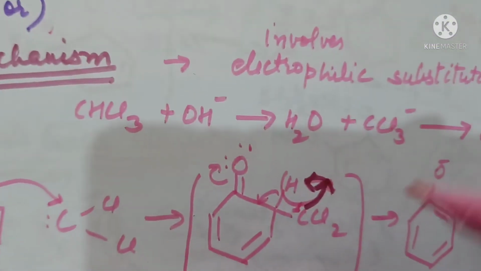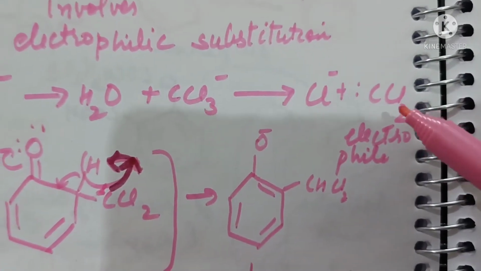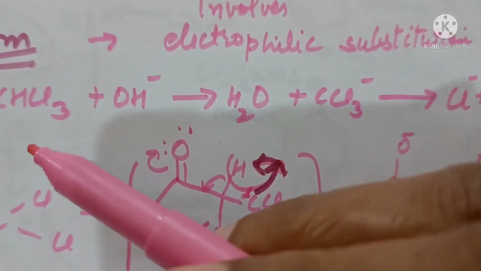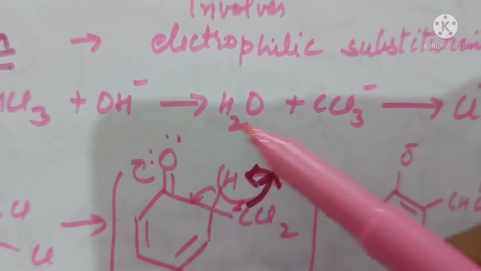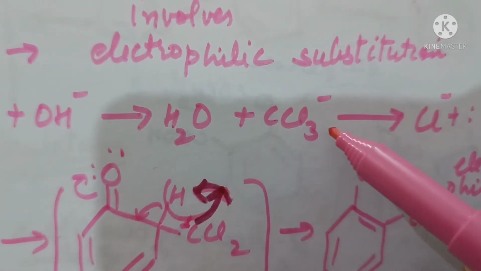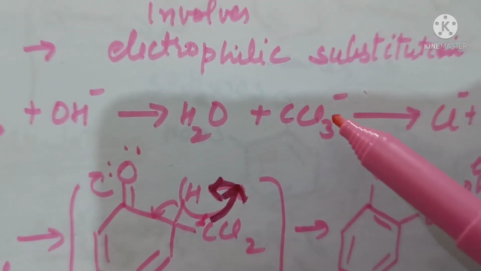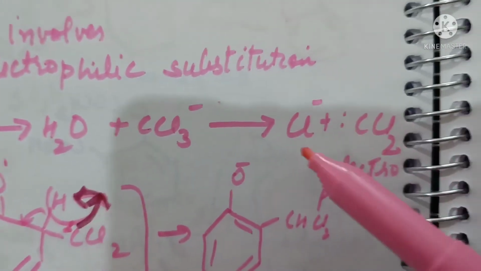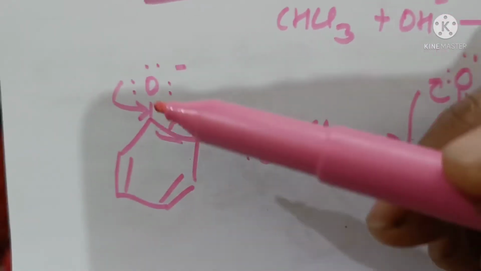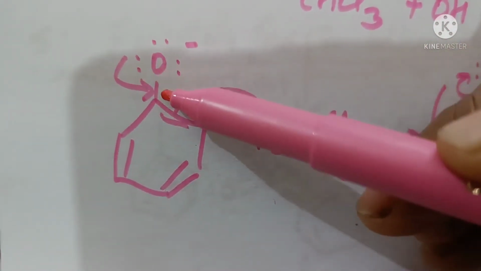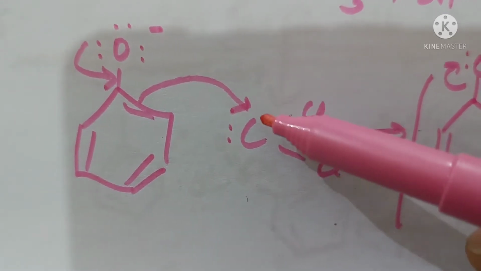The mechanism is that the dichlorocarbene will act as the electrophile. This is formed when chloroform reacts with hydroxide ion of NaOH to form water and trichloromethylide ion. This will give a chloride ion and form dichlorocarbene. This is the electrophile. So these electrons move here and these will move towards this carbon center.